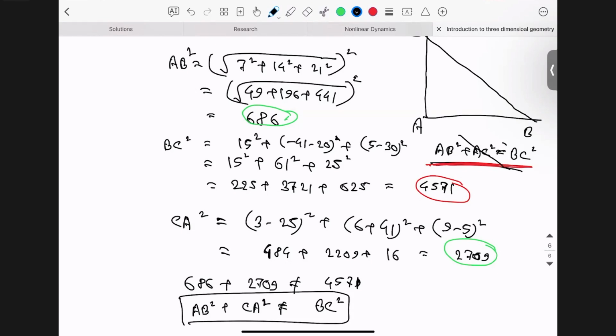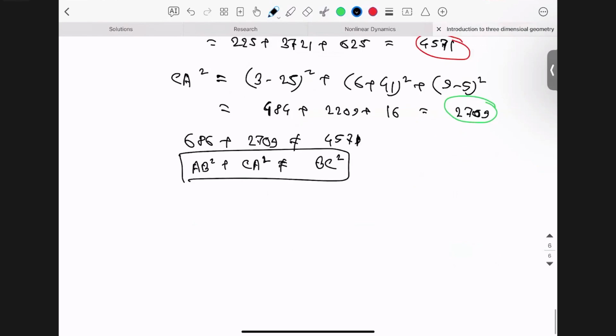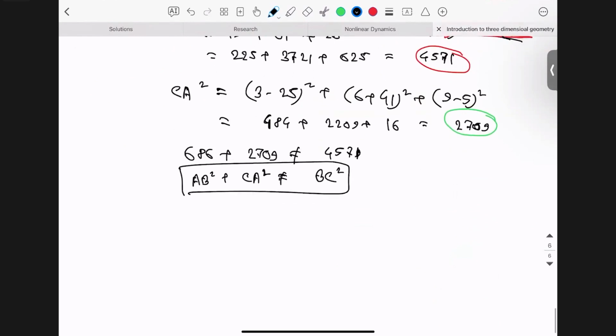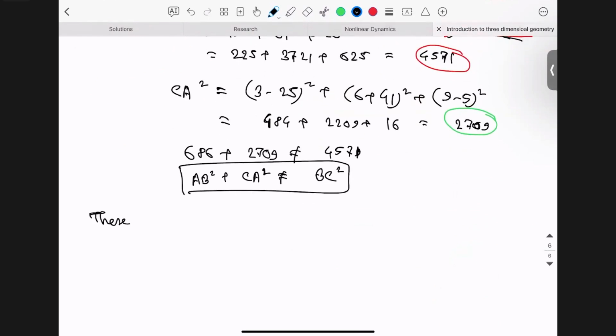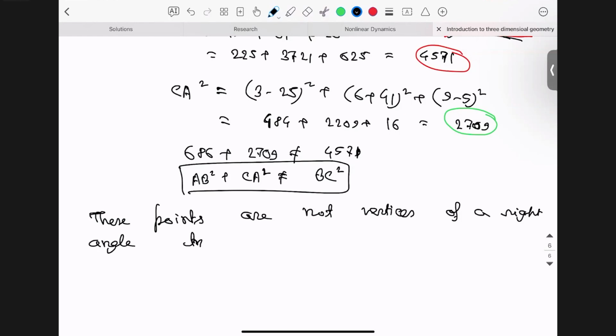So this condition is not holding in our case. So we can say this triangle is not right. So these points are not vertices of a right triangle.